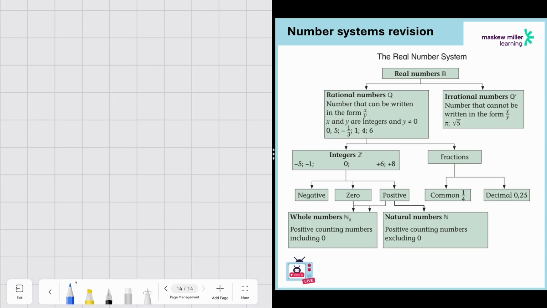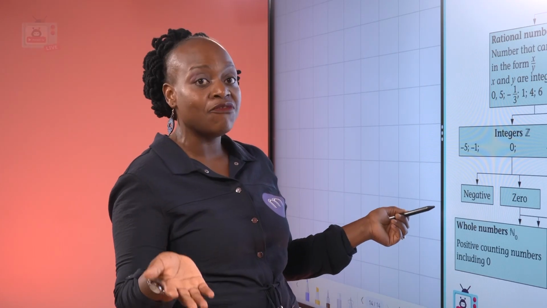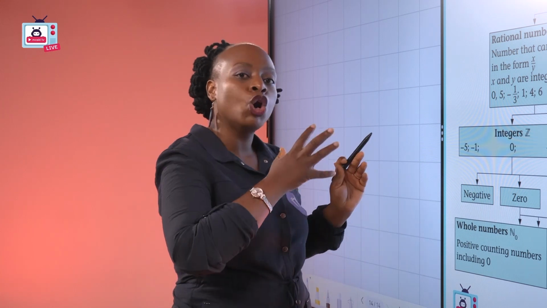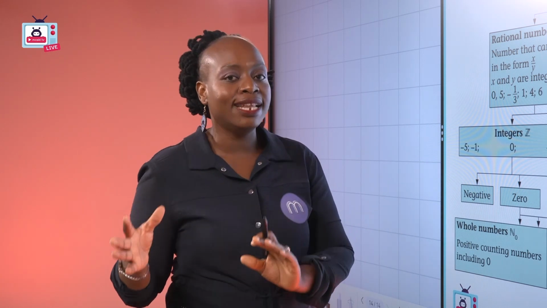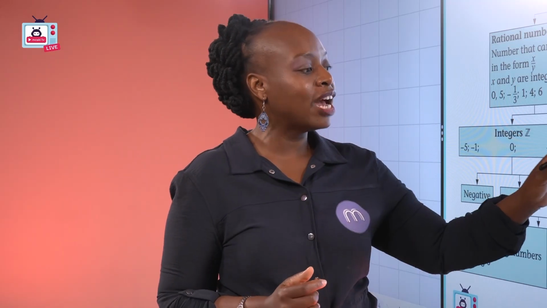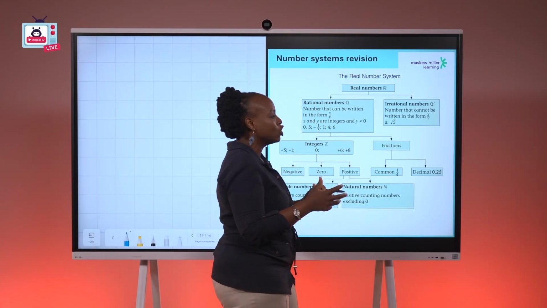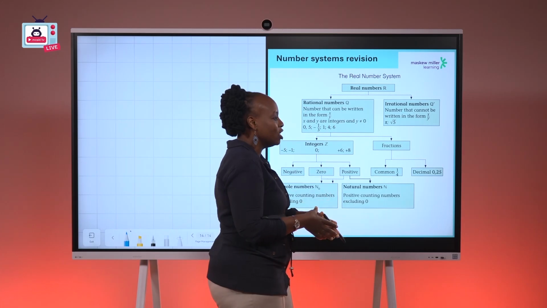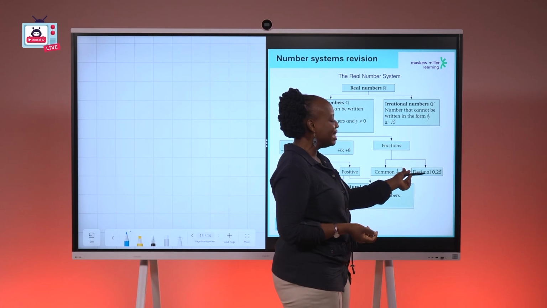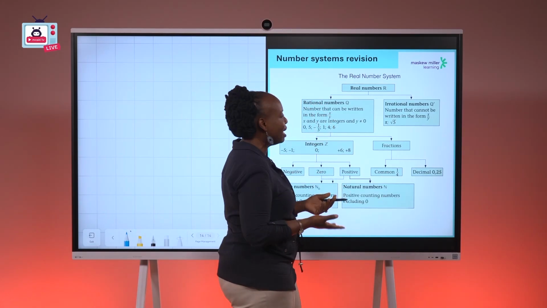You can see we have integers, where we have negative numbers, zeros, and positive numbers, which can be whole numbers as well as natural numbers. At the same branch, we have fractions that can be common fractions, mixed fractions, improper fractions and proper fractions, as well as decimal fractions or decimal numbers.